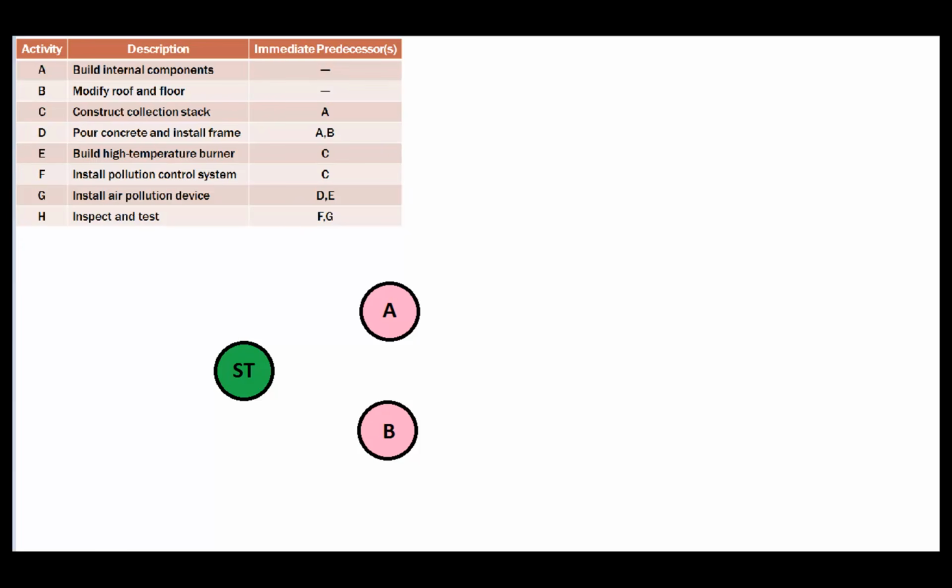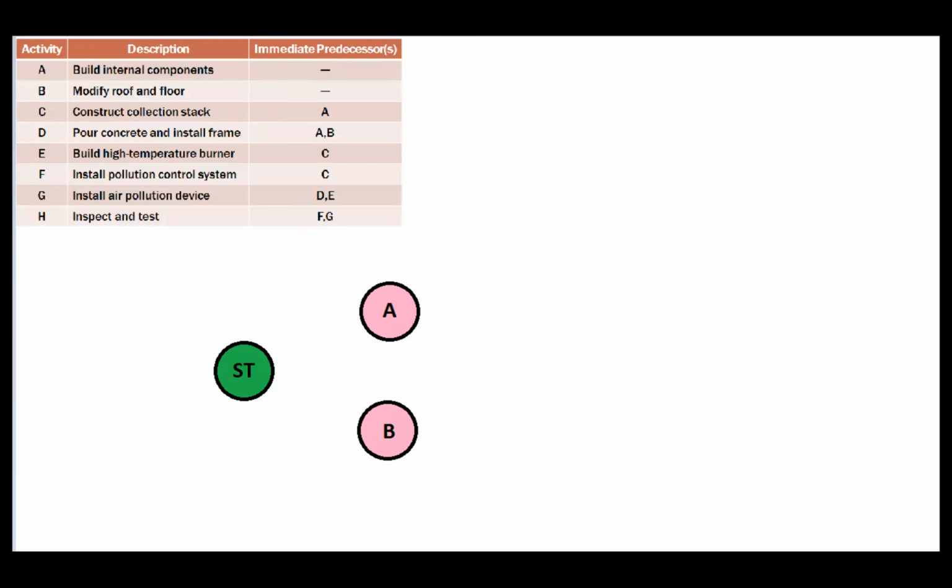Construct the collection stack. Now you will see that activity C is dependent on activity A being completed. So apparently we have to build the internal components of our air filtration system before we can construct the collection stack.